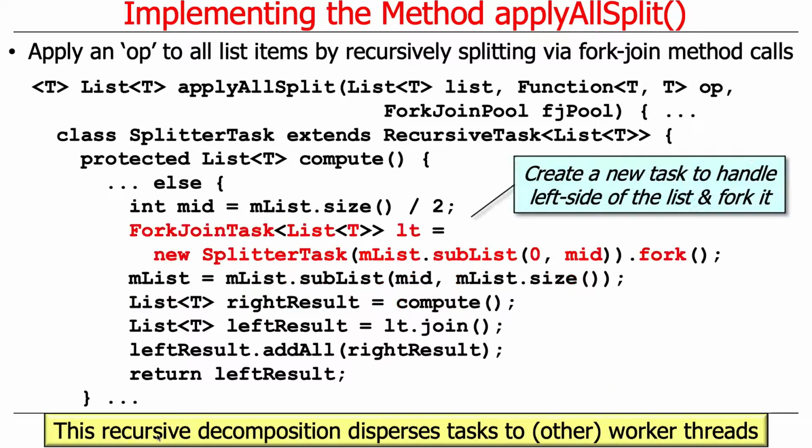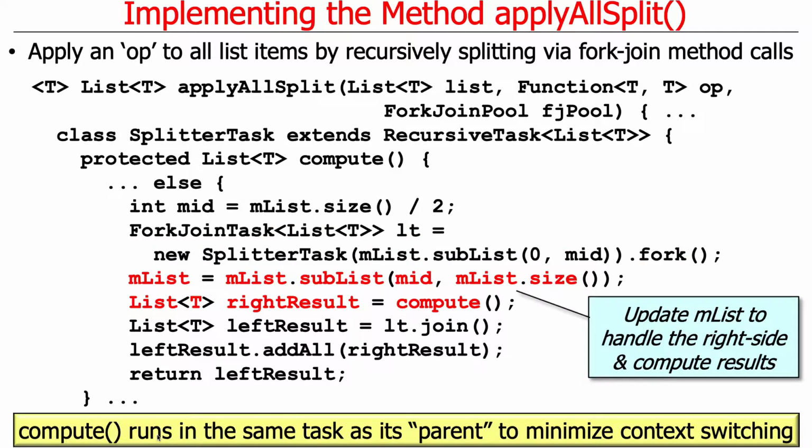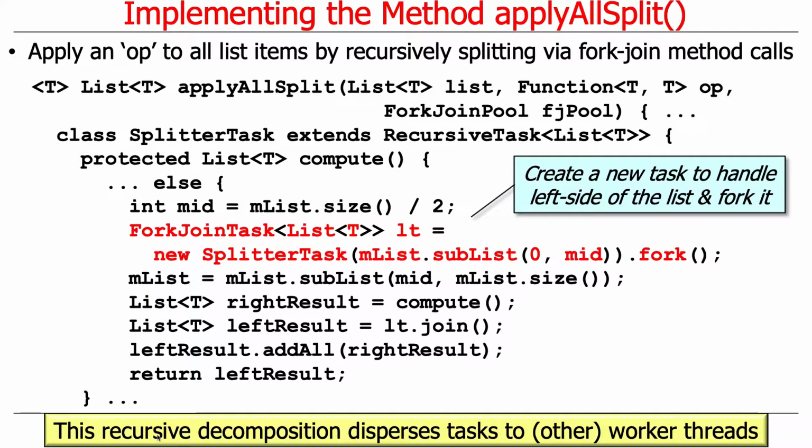So we're going to fork off the left-hand side, but we're going to use the current thread to process the right-hand side. So compute goes off, it does its thing, and of course compute will block, but this fork will not block. That fork has been put into the deck, which will most likely be stolen by another thread, and it'll run in parallel.